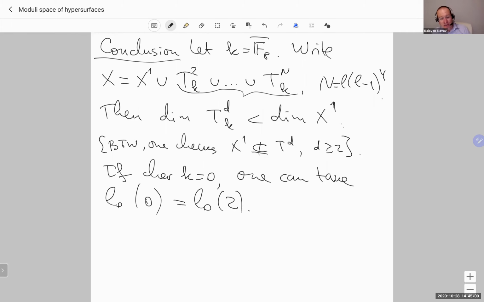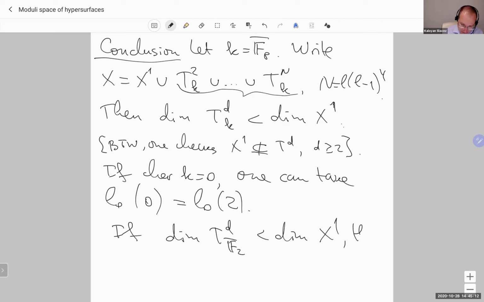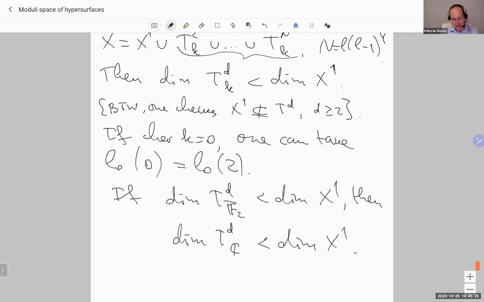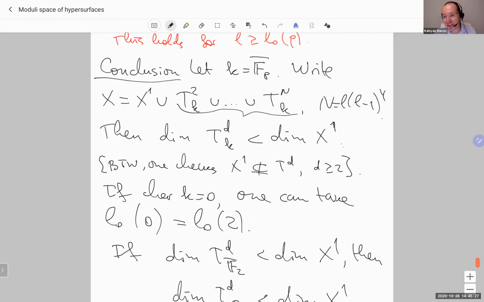Whatever bound, so I'm saying that if the dimension of TD over F2 bar is less than the dimension of X1, then also the dimension of TD over maybe the complex numbers is also less than the dimension of X1. Once you prove it in positive characteristic, it also follows in characteristic 0.